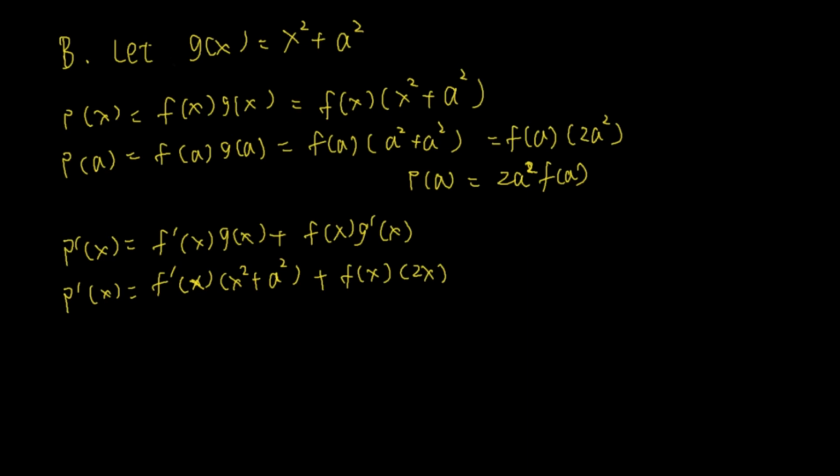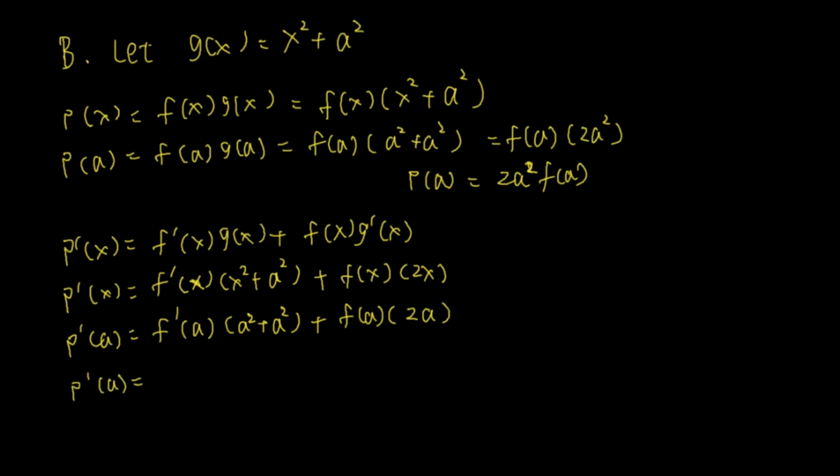So let's plug the A in. P prime at A. Plug the A into X. So now it will be F prime at A times A squared plus A squared plus F at A times 2A. So let's simplify this further.